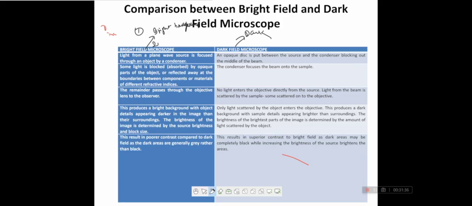Second difference: in bright field, staining techniques are used; in dark field, an unstained sample is used. Third, in bright field a dead sample is used; in dark field, a live sample is used.